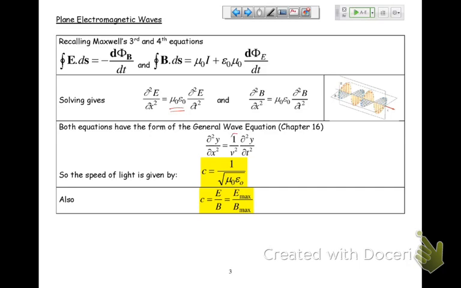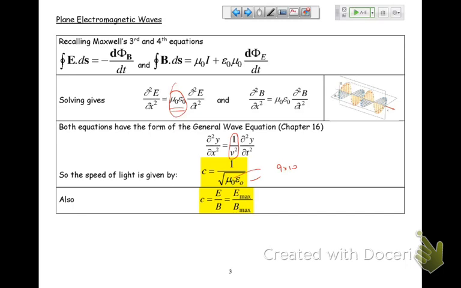So we look and say, well, if that's 1 over v squared, and that corresponds to that, then my v is equal to the square root of that, which is c equals 1 over the square root of mu naught epsilon naught. Well, that's a constant and that's a constant. If I put the numbers in, what's the speed of light?